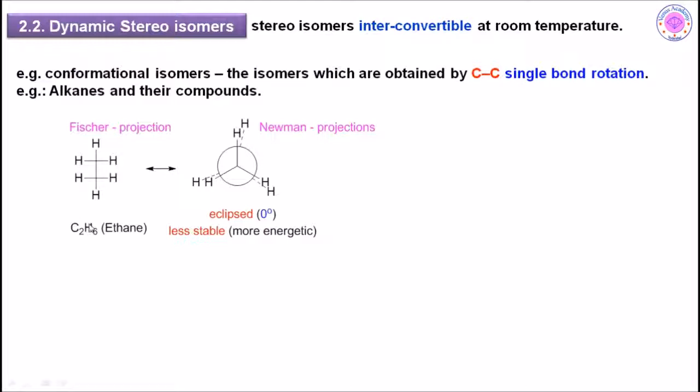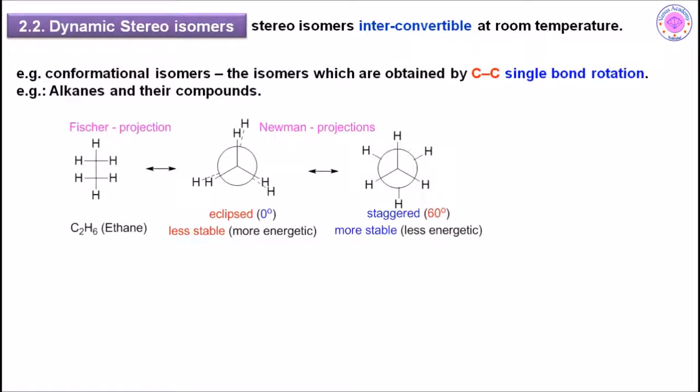For example, if I take ethane, this is one carbon, this is one carbon. When I write this ethane in Newman projection, this projection and other projections I will explain in the next video under stereochemistry. Okay, let us see the Newman projection. This can be written this way, and it is known as the eclipsed form.